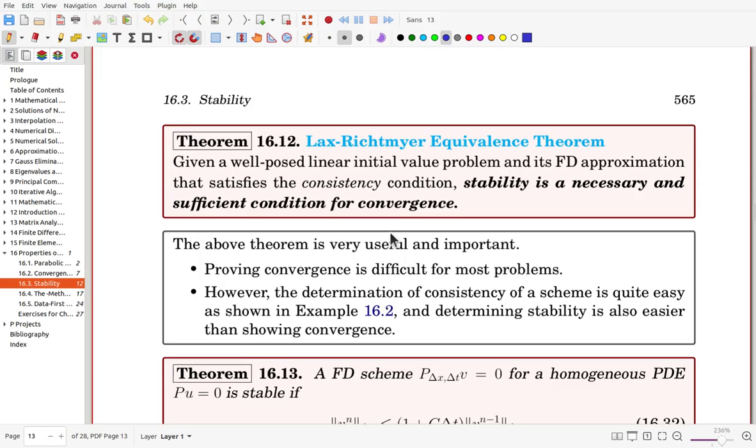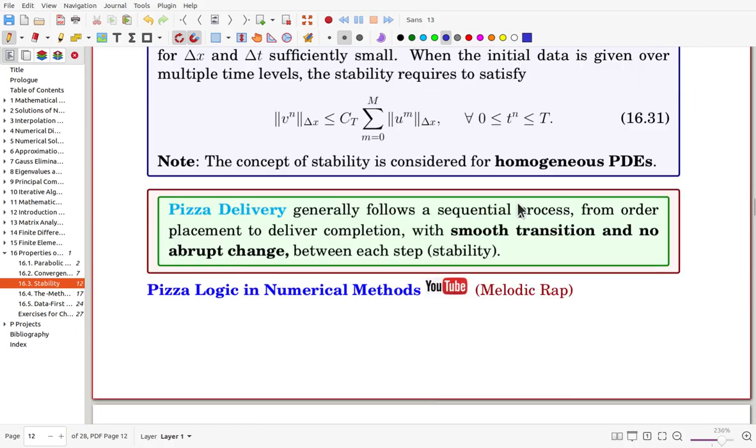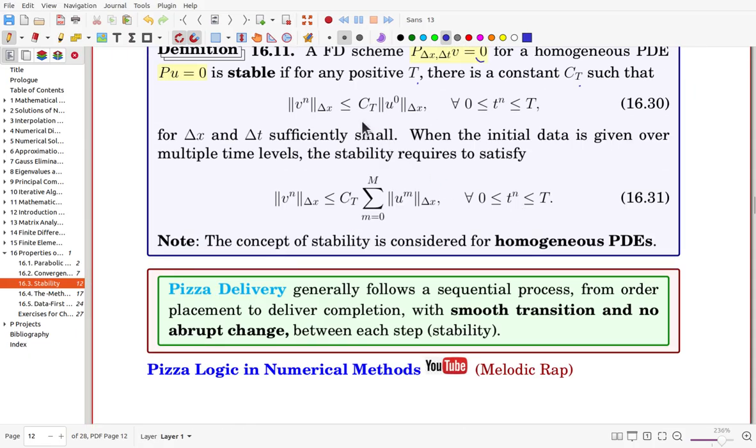That's the reason why, rather than proving convergence, people consider stability. Okay, stability is defined in this way. Here, the later energy is bounded by the initial energy. But this is also not easy to prove.